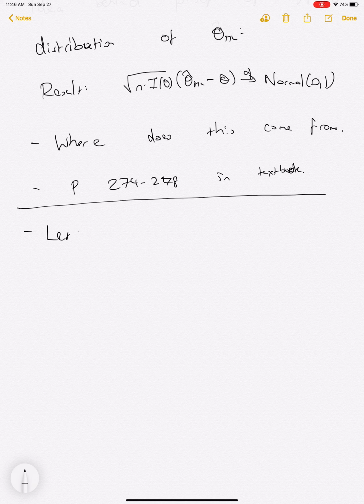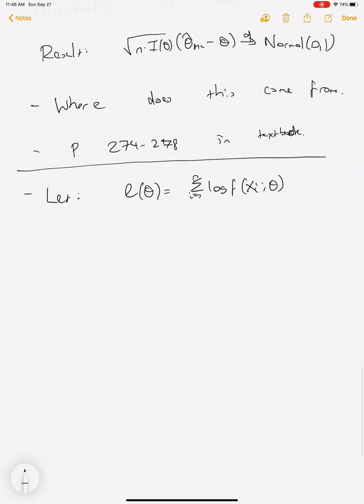So the first thing we're going to do is remember that we defined the log likelihood in this way. Note that L of theta is a random variable because it's a function of n random variables.